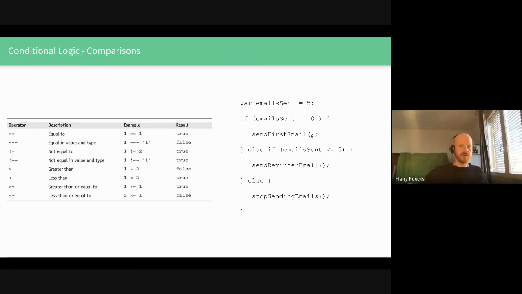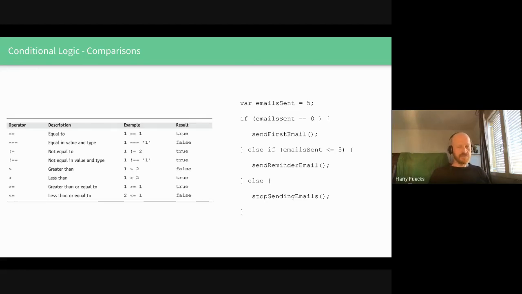Inside these brackets, you can make comparisons of different sorts. Here you've got a table of all the different comparisons you can make. You can have equal to, not equal to, greater than, less than, greater than or equal to, less than or equal to.